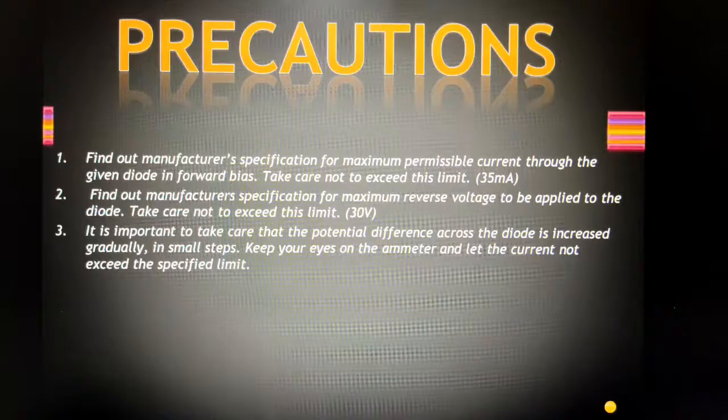Take care that it does not exceed this limit, and for this particular diode it was 30 volts. It is important to take care that the potential difference across the diode is increased gradually in small steps. Keep your eyes on the ammeter and let the current not exceed the specified limit.